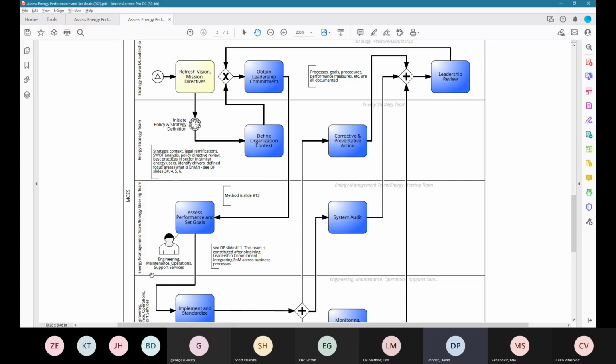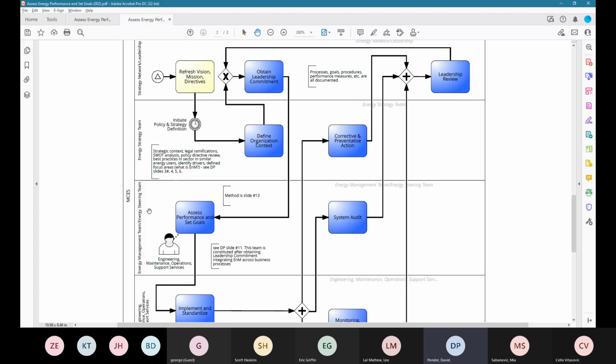Ideally you get some sort of a formal endorsement and commitment, and then at that point you have what I would call an energy steering team, which is representation from across the organization. For us, that would be the energy and sustainability group where I sit, our process engineering, our capital delivery folks, operations, maintenance, SCADA, and what we call our program supervisors, who do our work instructions and SOPs and things like that.